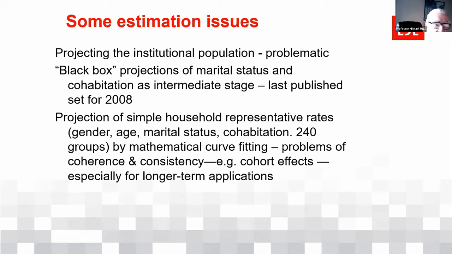There are many escalation issues in population projections. A general problem in all contexts is the treatment of the institutional population. That's problematic because we have very poor information about institutional populations. Surveys which are used to underpin much of the analysis are not normally conducted in those settings.